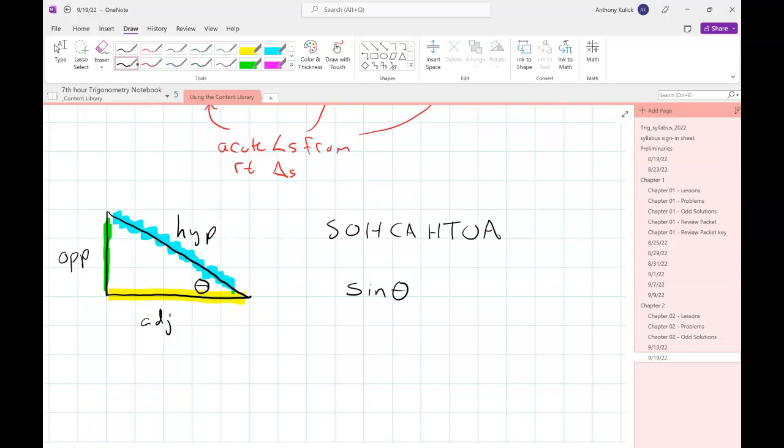So we say that sine theta is opposite over hypotenuse, we say that cosine theta is adjacent over hypotenuse, and we say that tangent theta is opposite over adjacent.